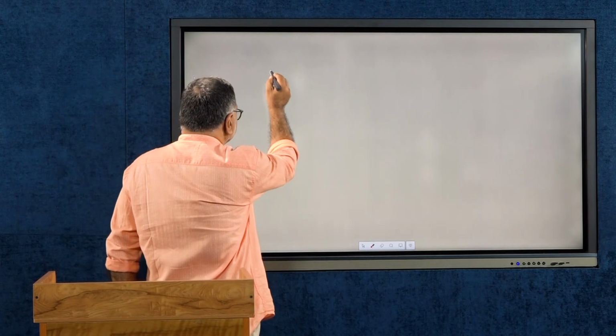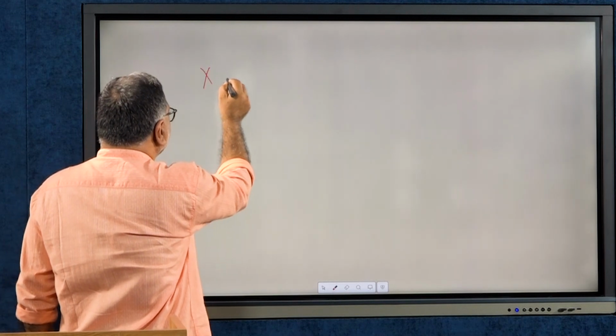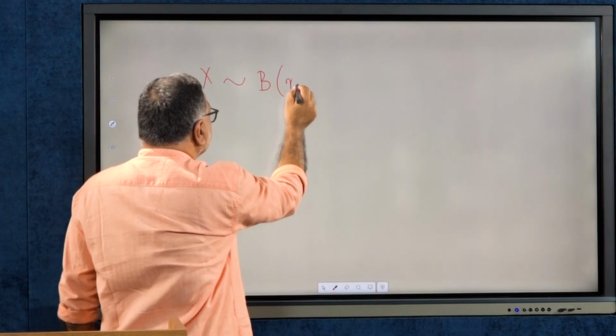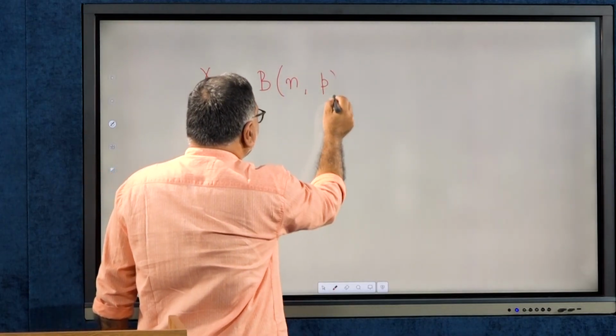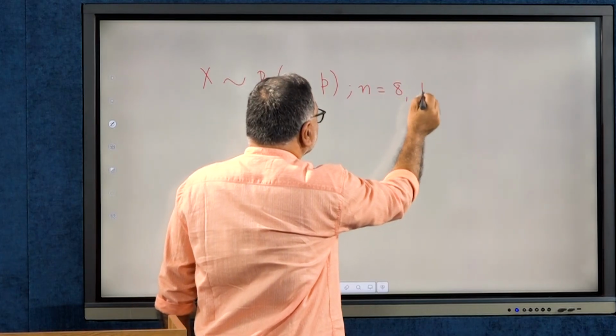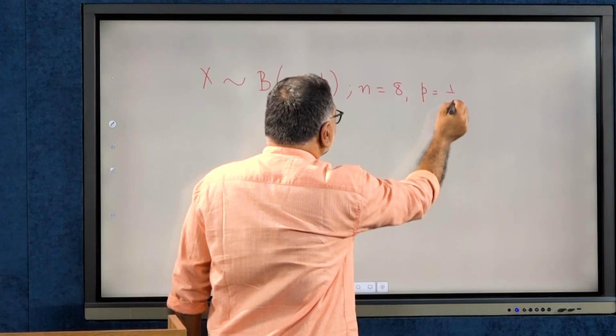So, here X is a binomial random variable with parameters n and p, where n is equal to 8 and p is equal to 1 by 2.